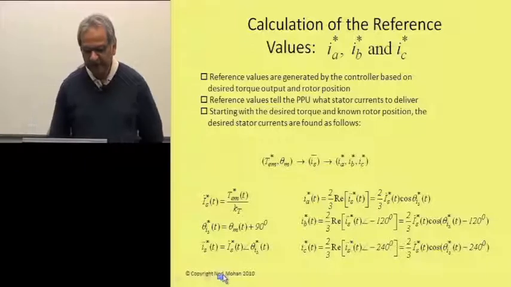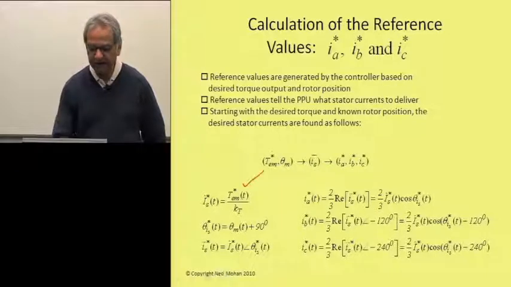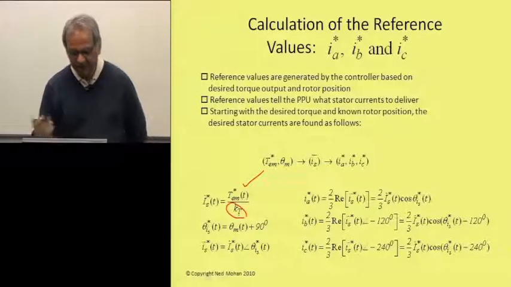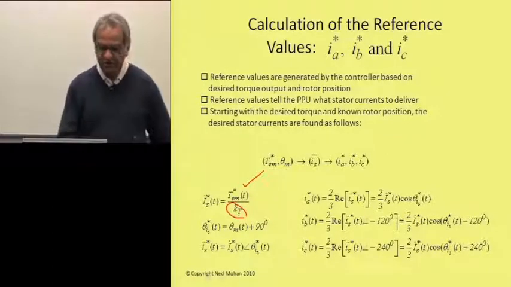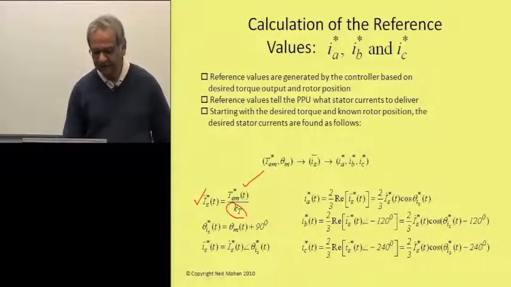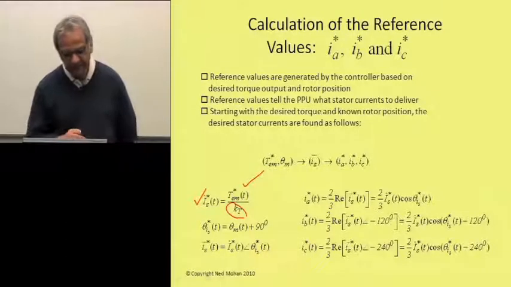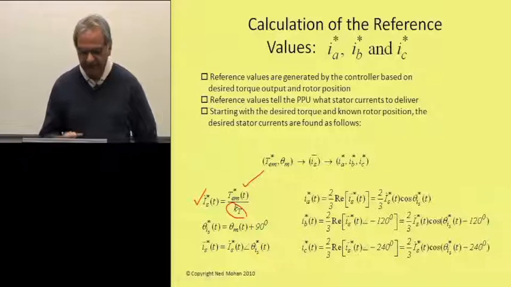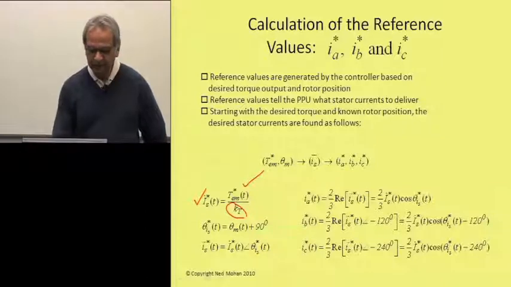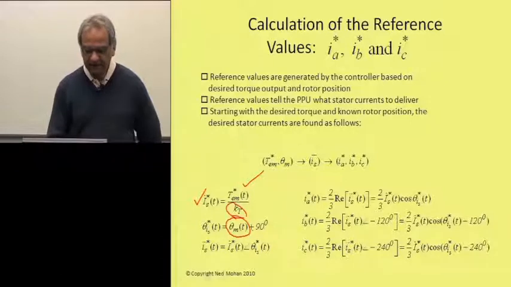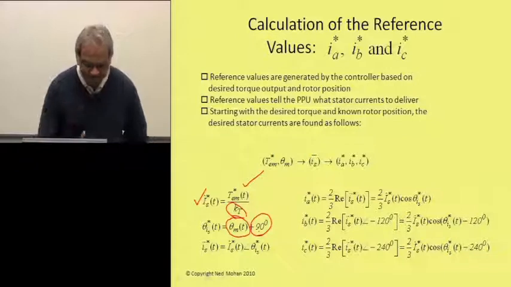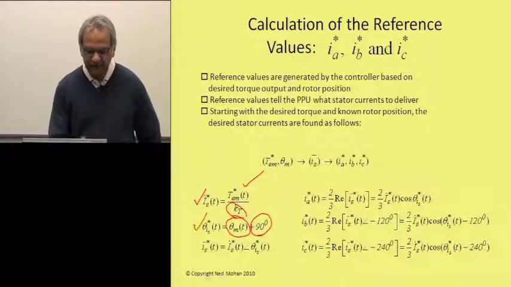To find the amplitude, knowing the desired torque that we need to produce, and knowing this motor torque constant, which may be in the motor data sheet, we can calculate the amplitude of this stator current space vector. Knowing the position of the rotor that we have to sense, and knowing that the stator current space vector should be 90 degrees ahead, we know the orientation of this current space vector.